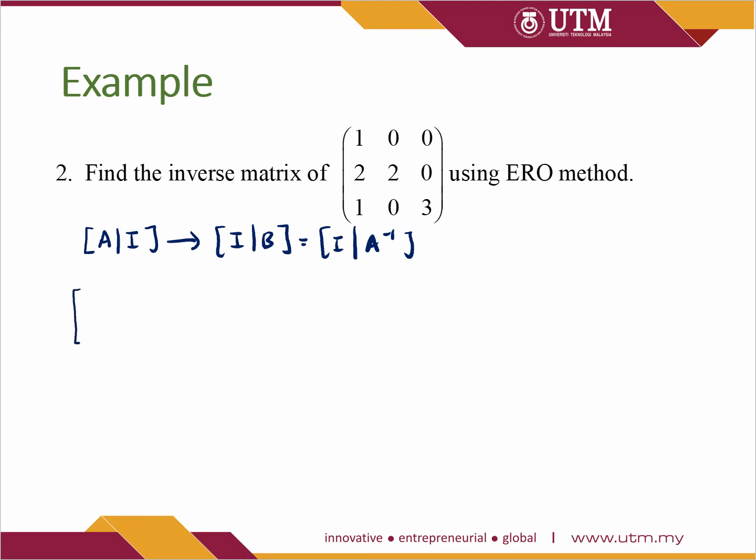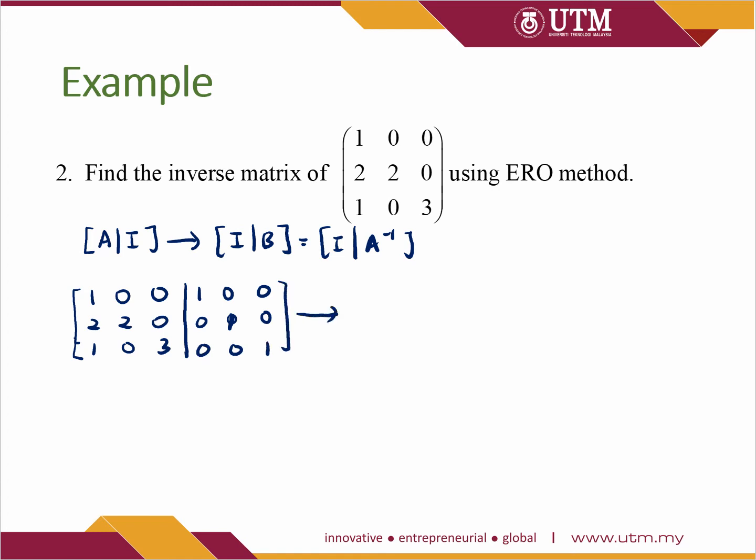So I just rewrite this 1, 0, 0, 2, 2, 0, 1, 0, 3. And the identity matrix of 3 by 3. So here we'll have 1, 0, 0, 0, 1, 0, and 0, 0, 1.